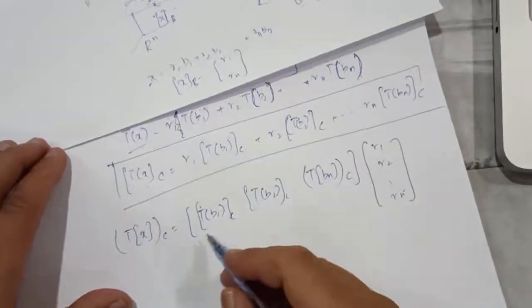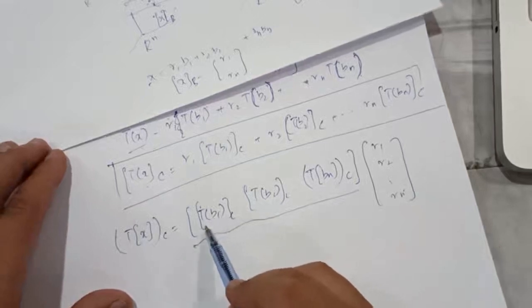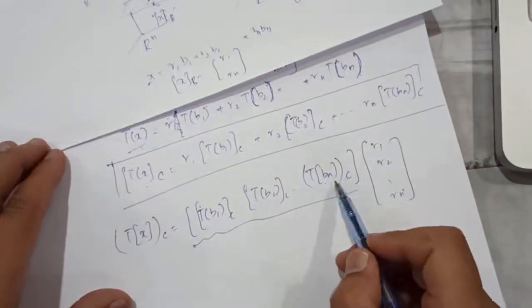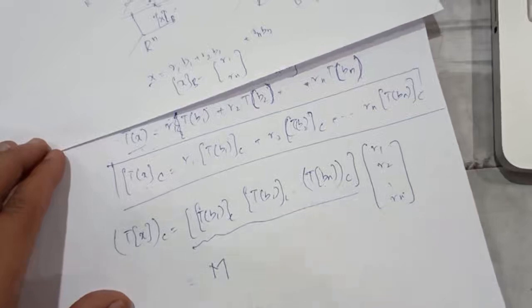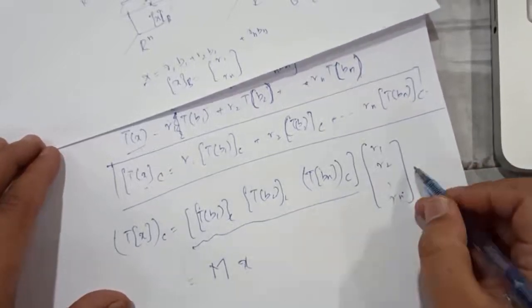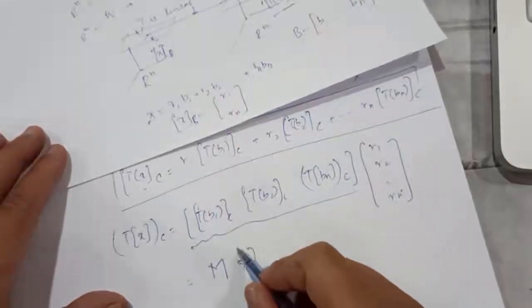Because b1 is a vector, the transformation is also a vector. So it will form a matrix, which is M, and we'll talk about the dimension here. And this we know is nothing but x of B, right?